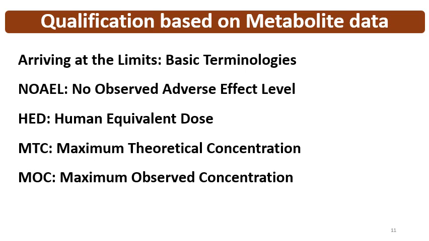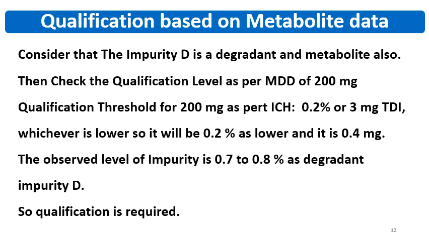So MTC is the theoretical concentration and MOC is the observed concentration. NOAEL, HED, MTC and MOC are very important terminologies for impurity qualification based on the metabolite data. Now we will see an example considering an impurity D.